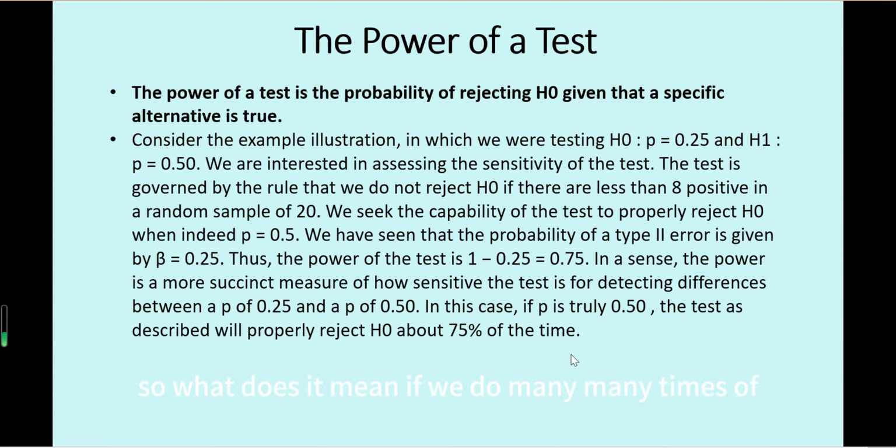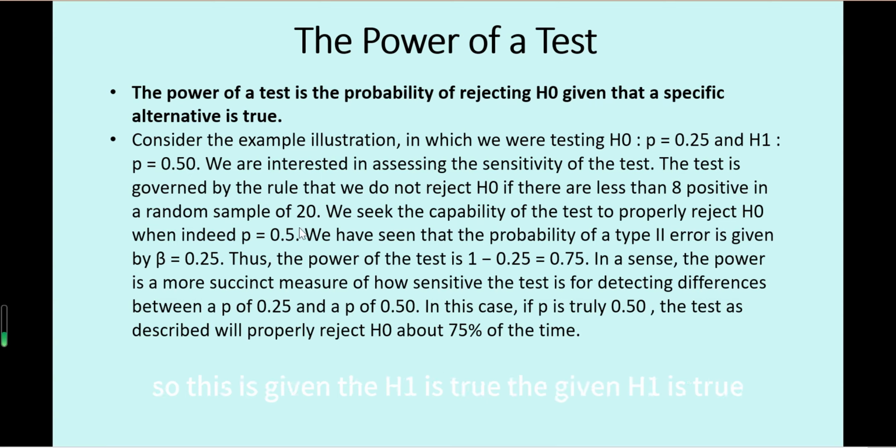Sometimes we wrongly hold H0: we do not reject H0, but actually H0 is false and H1 is true. So sometimes we make a type 2 error. But if we do this, for example, 10,000 times, around 7,500 times we will reject H0, and another 2,500 times we will not reject H0. This is given that H1 is true.